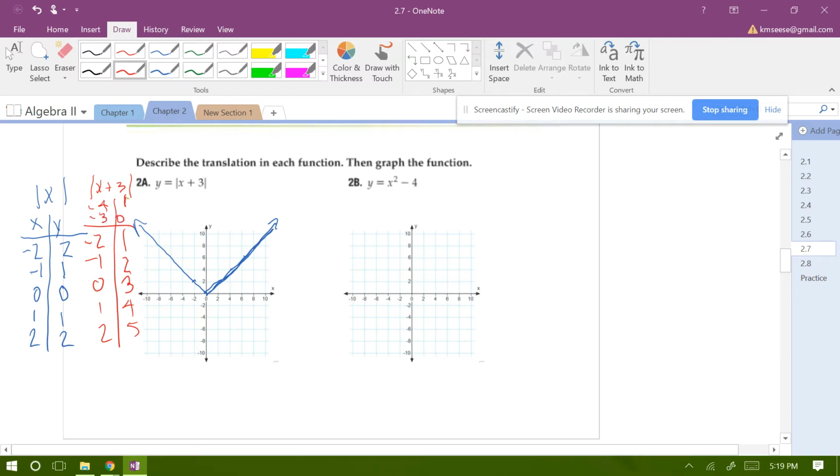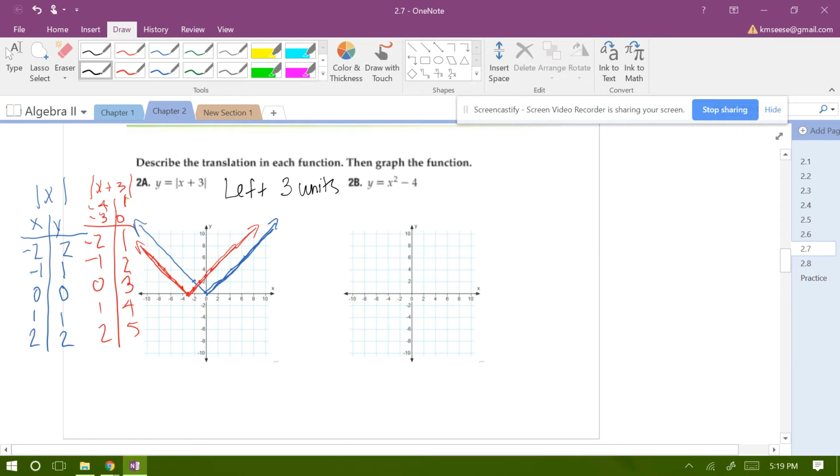What does this look like graphically? I'm at -4, 1, -3, 0. It looks something like this. And you can see here that to go from the blue graph, my parent function, to the red graph, I have moved left 3 units.